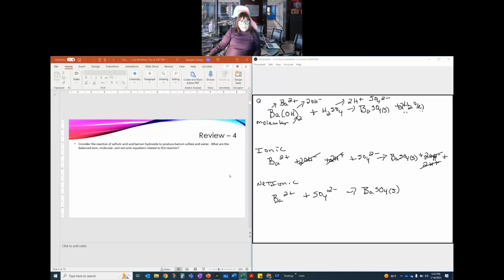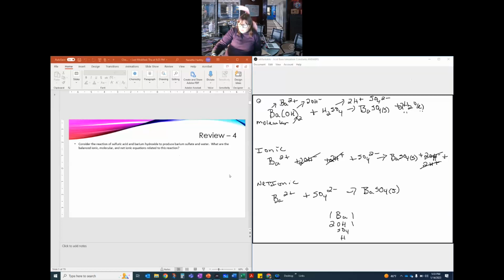balanced. Questions, comments, problems. And you'll notice that when I was balancing the molecular, I said that there were 2 Ba on the reactant side, 2 Ba on the product side. I actually make myself a little sheet, and I leave those polyatomic ions together. But that way I can do, okay, there's 1 Ba on the reactant side, there's 1 Ba on the product side, there's 2 OH on the reactant side.